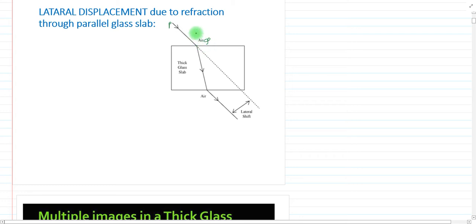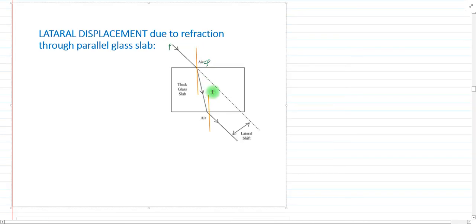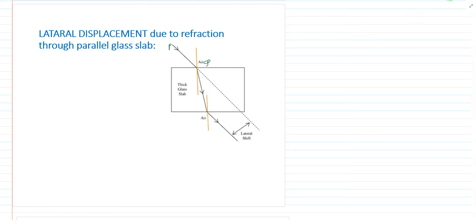on one point on the glass slab, and if I draw a normal on it, then this is the angle of incidence i in the air medium, and suppose this is r, the angle of refraction.